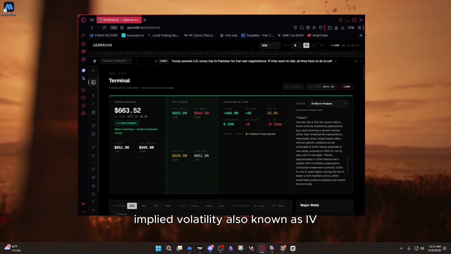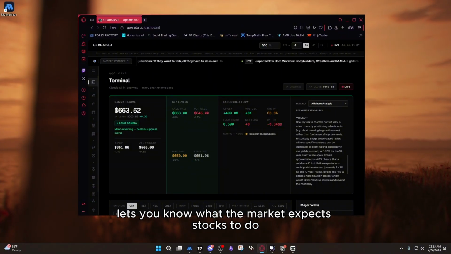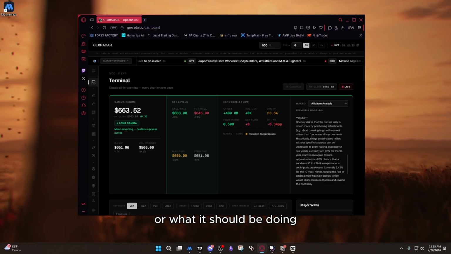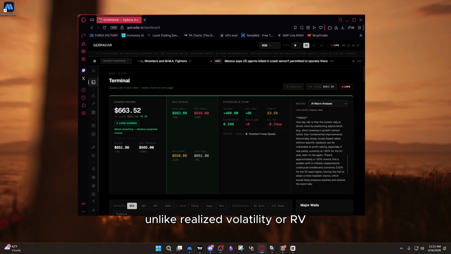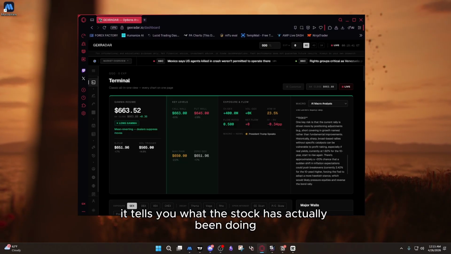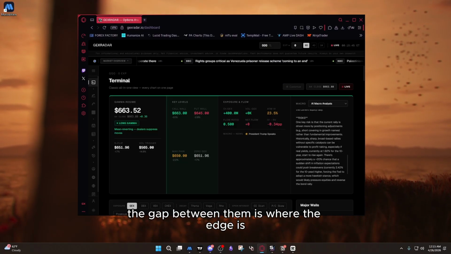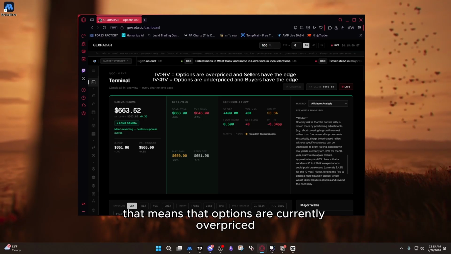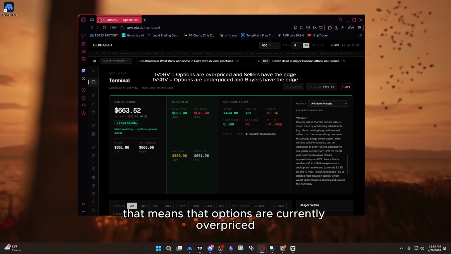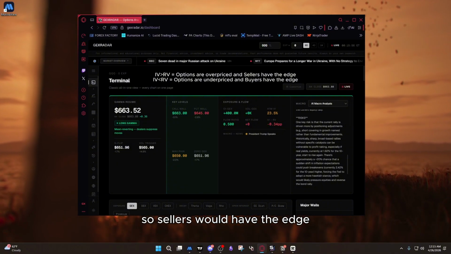Implied volatility, also known as IV, lets you know what the market expects stocks to do or what it should be doing. Unlike realized volatility, or RV, which tells you what the stock has actually been doing. Although that is important, the gap between them is where the edge is. If IV is higher than RV, that means that options are currently overpriced compared to the actual movement of that stock, so sellers would have the edge.